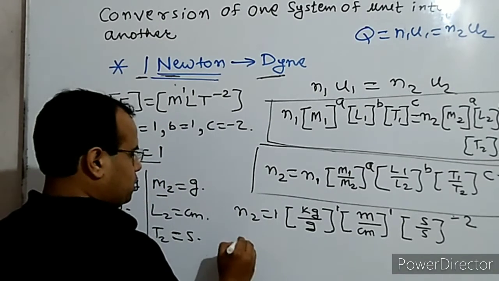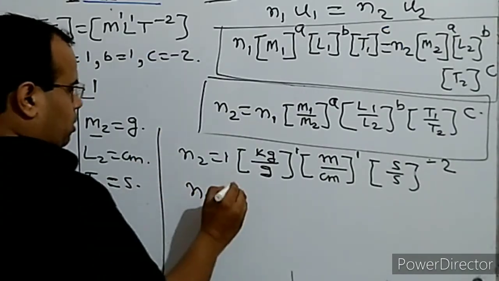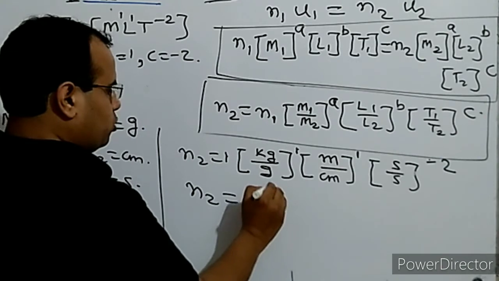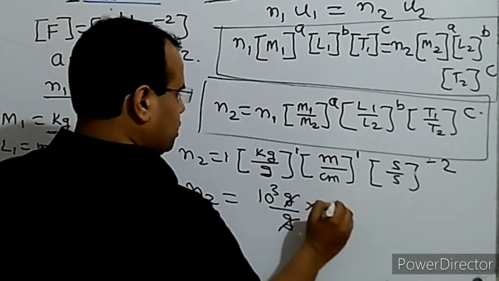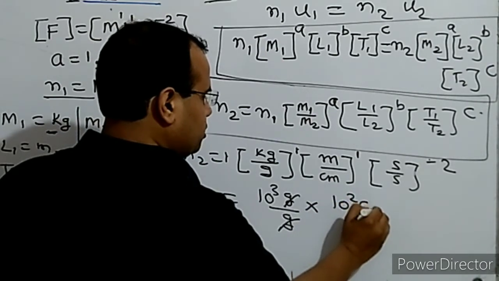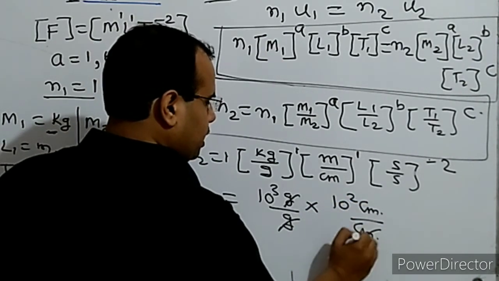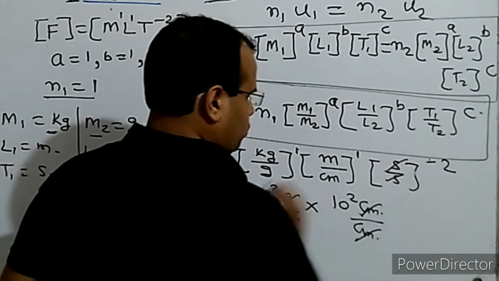Now let us solve this. N2 is equal to kilogram, you can write it as 10 to the power 3 gram divided by gram. These two are cancelled. Meter can be written as 10 to the power 2 centimeter divided by centimeter. It is also cancelled. Second and second is also cancelled.